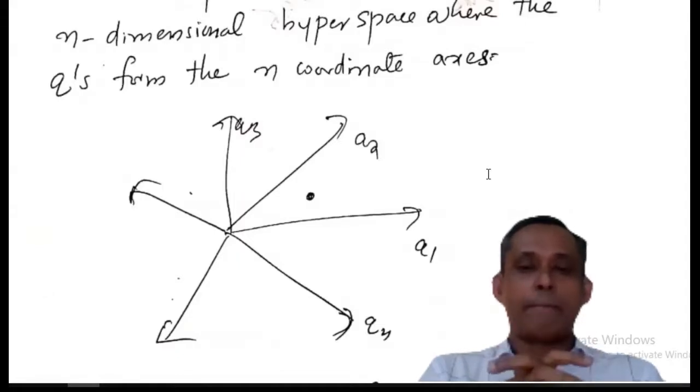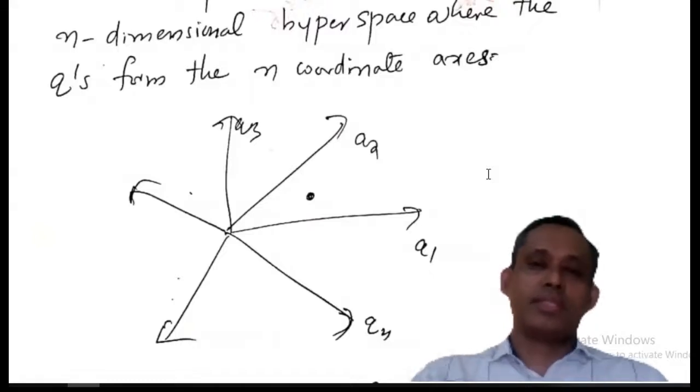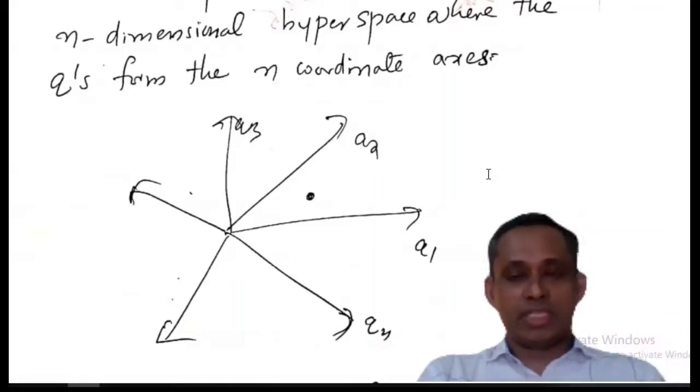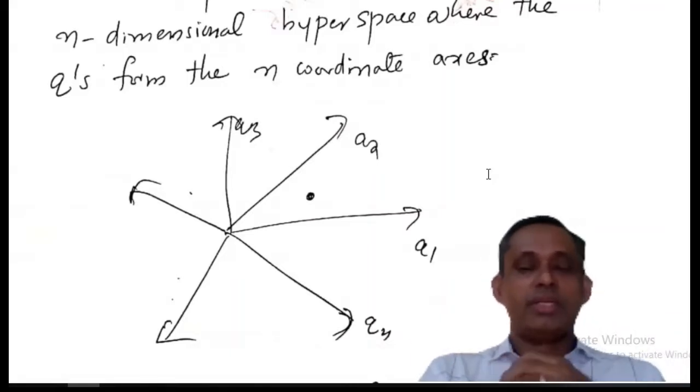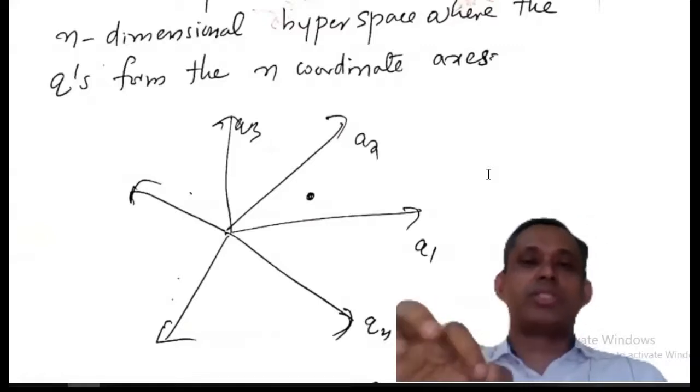Because a point in this n-dimensional space gives values of q1, q2, q3, qn, the generalized coordinates of the system, that point will represent the system.